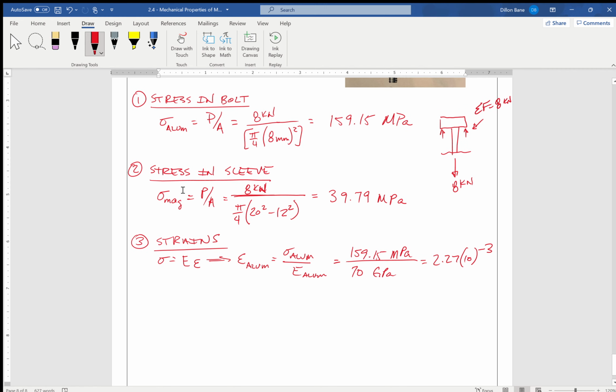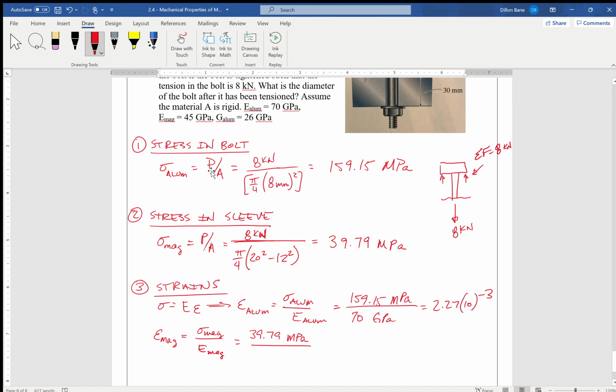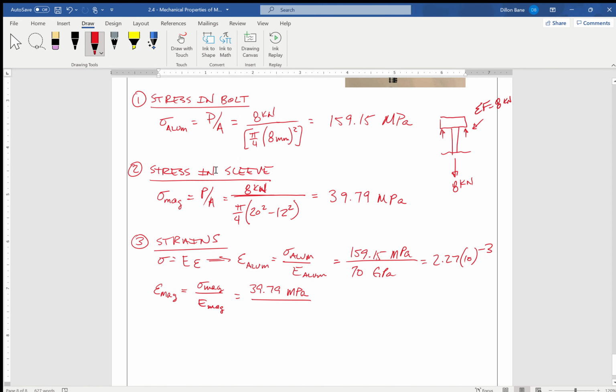And we will repeat Hooke's law for the magnesium sleeve. So epsilon mag is equal to sigma mag over E mag, which is 39.79 megapascals divided by E mag, which was 45 gigapascals.